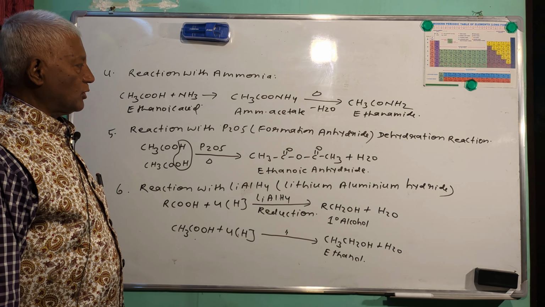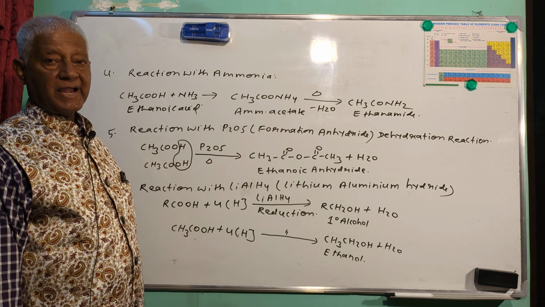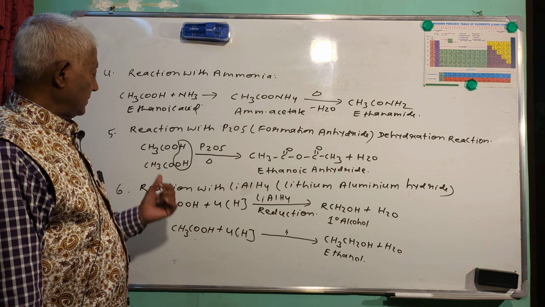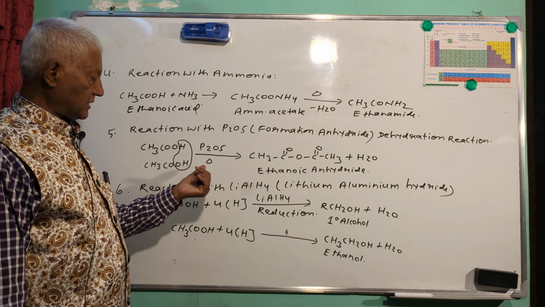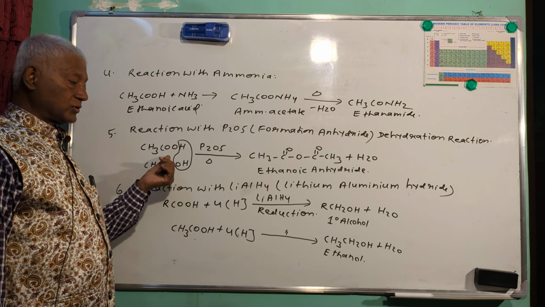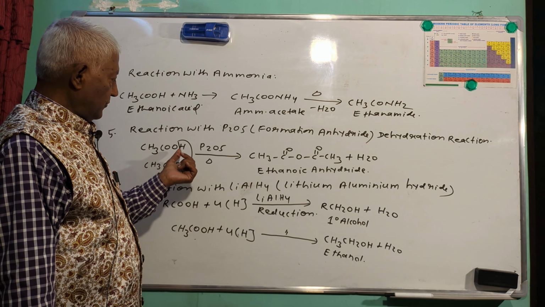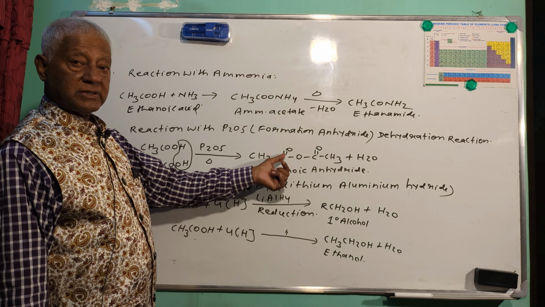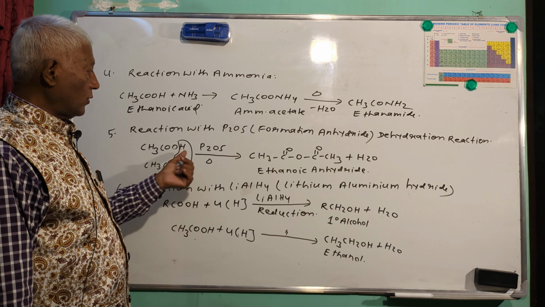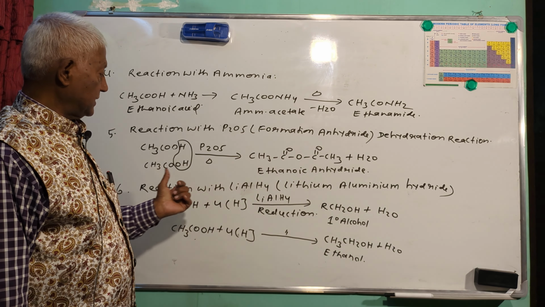Next, reaction with phosphorus pentoxide. You know phosphorus pentoxide is a dehydrating agent. When acetic acid, ethanoic acid, is heated with phosphorus pentoxide, out of two molecules it loses one molecule of water. So we have CH3CO, O, CO, that is C double bond O, CH3.